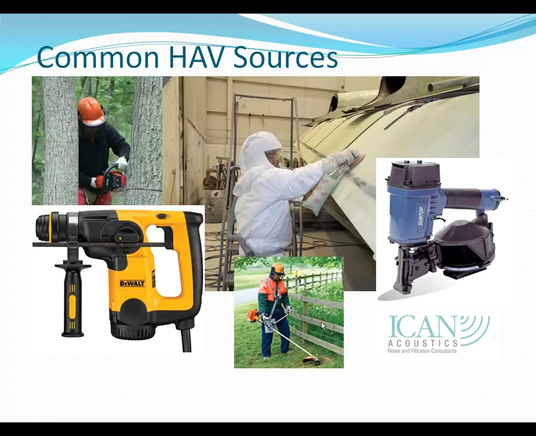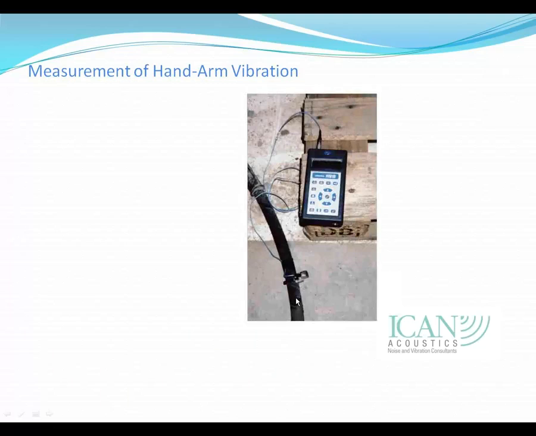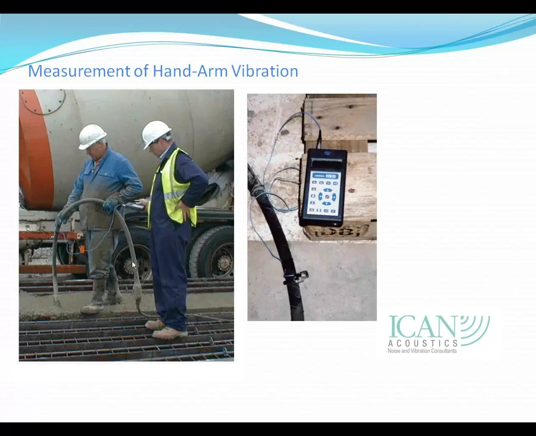Okay, so moving on to the next slide, we're dealing specifically with the measurement of hand-arm vibration. This is one particular application where a vibrating device is used to get rid of air in concrete. It vibrates, and it induces vibration up into the hand.